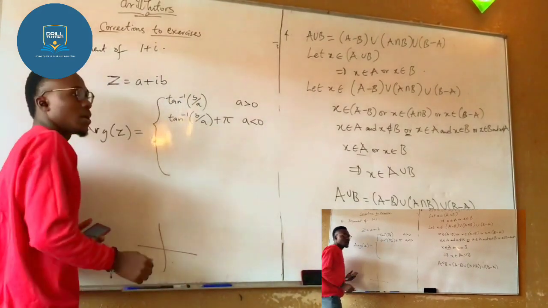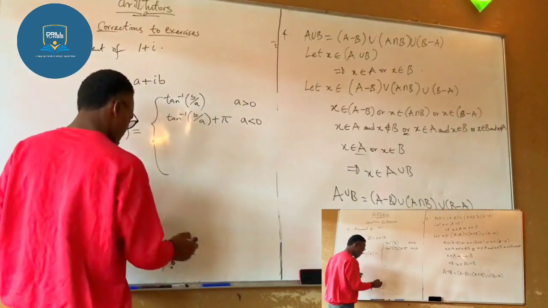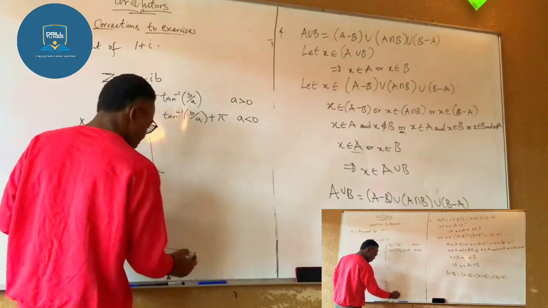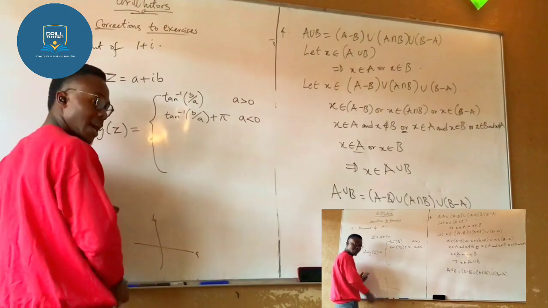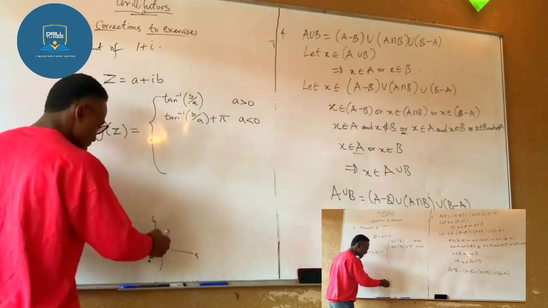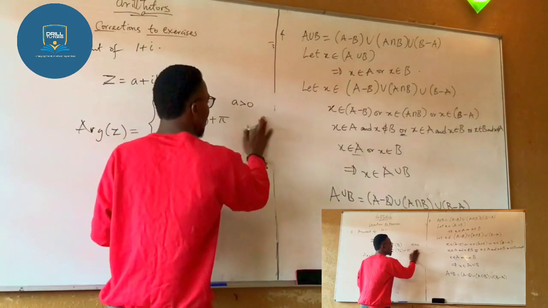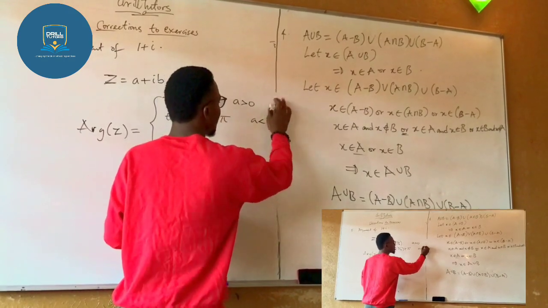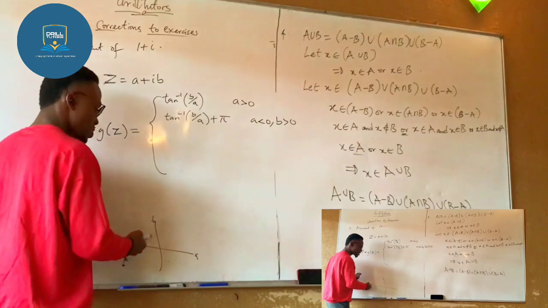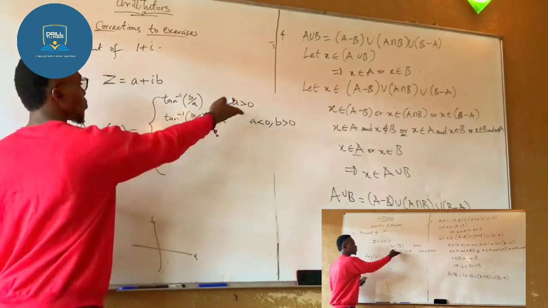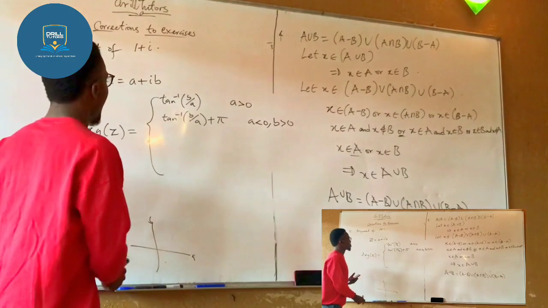Using the Cartesian coordinates as a point of reference, we have B and we have A here. When A is greater than 0, it is on this side. When A is less than 0, we are talking about something on this side. But B is greater than 0. So when A is less than 0 and B is greater than 0, the argument of Z is tan inverse of B over A plus pi.